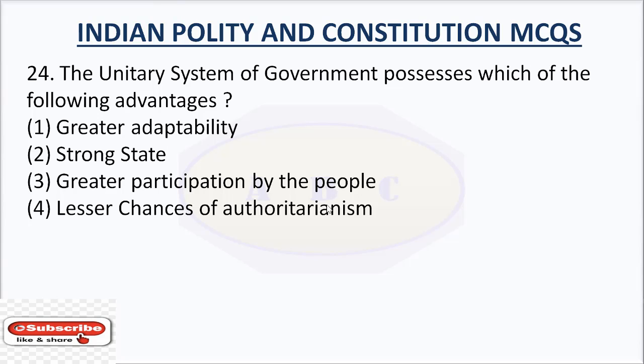Question number 24. The unitary system of government possesses which of the following advantages? The right answer is strong state. A unitary system of government or unitary state is a sovereign state governed as a single entity.